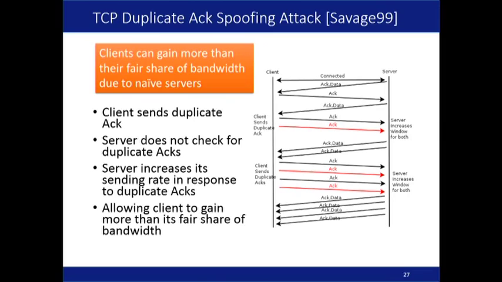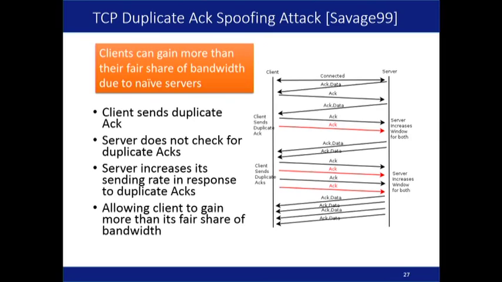The server on its side doesn't check for these duplicated acknowledgements, with the result that the server will increase its sending rate in response to them, allowing the client to gain much more than its fair share of bandwidth.